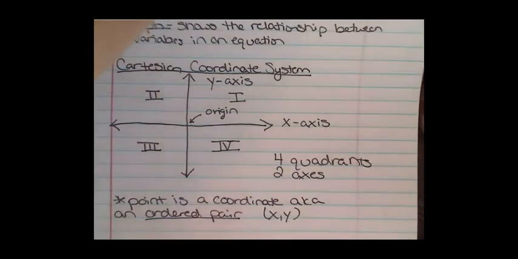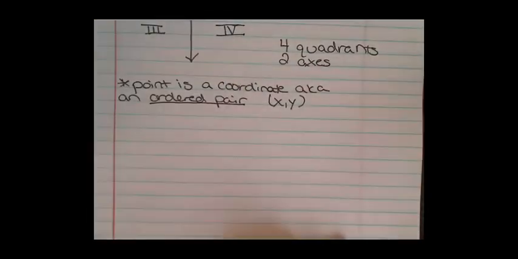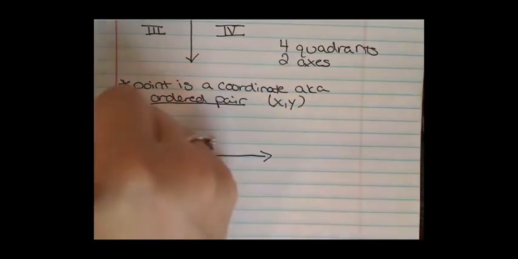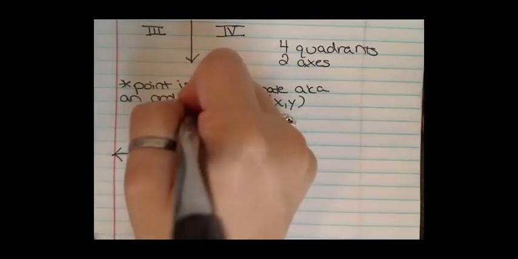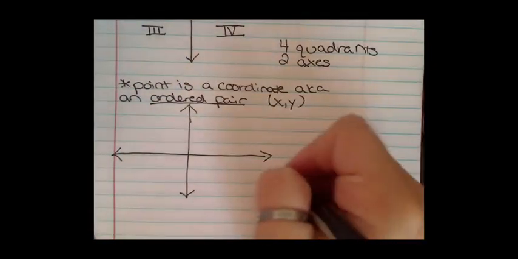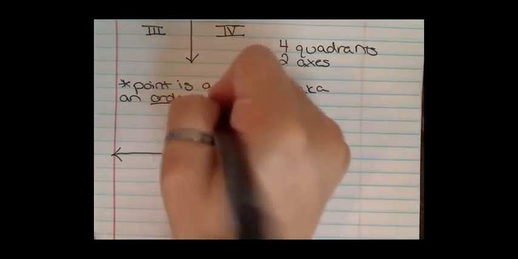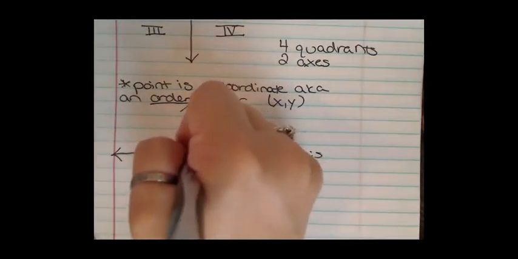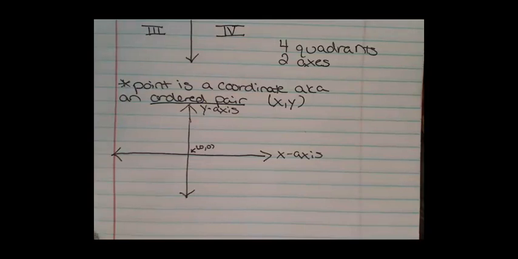Let me show you another picture of the Cartesian coordinate system so that you can see the values of our x's and our y's. This is the x-axis and the y-axis, and the origin here in the center is (0, 0).